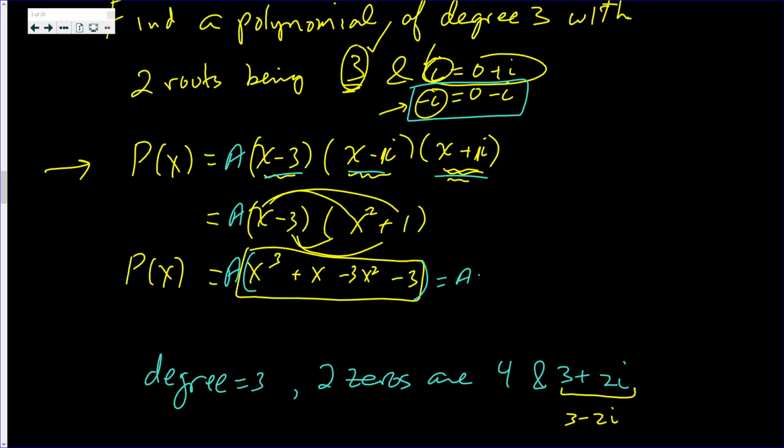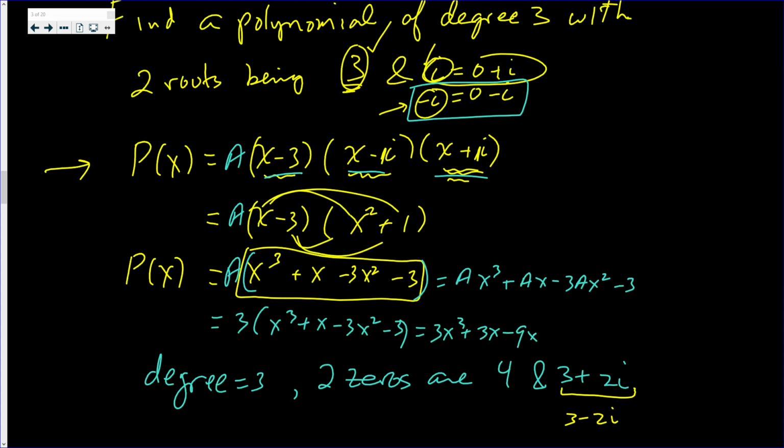So you can have ax cubed plus ax minus 3ax squared minus 3a for any choice of a that you like. If you happen to like 3, fine. You could multiply by 3: 3x cubed plus 3x minus 9x squared minus 9.